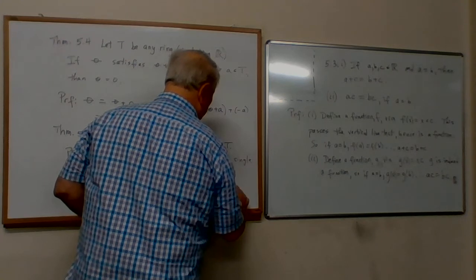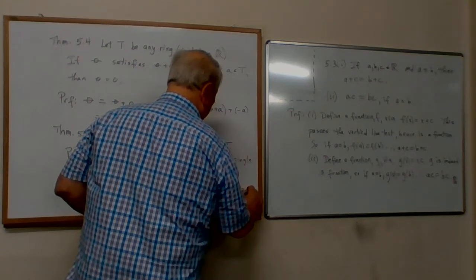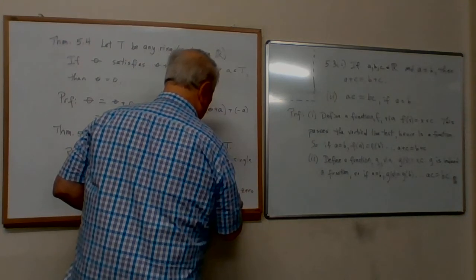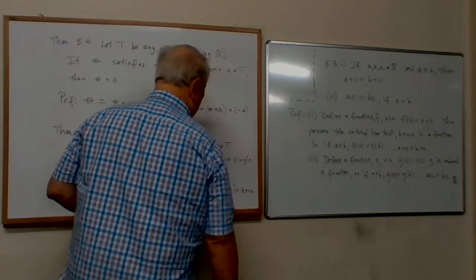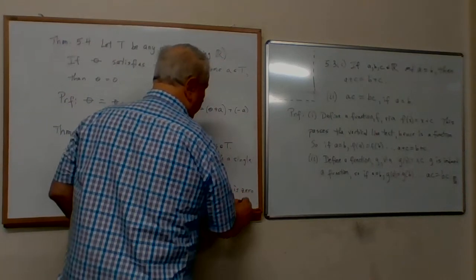So 0 times A is 0. And that's the end of the proof.